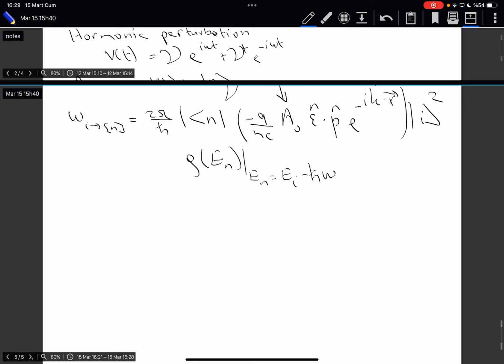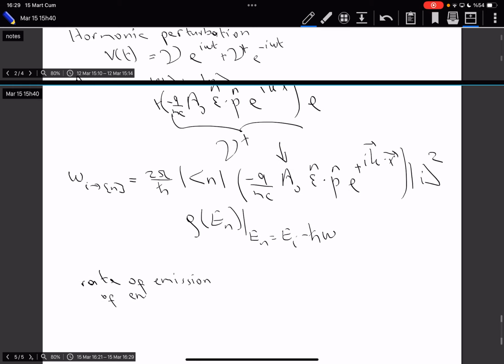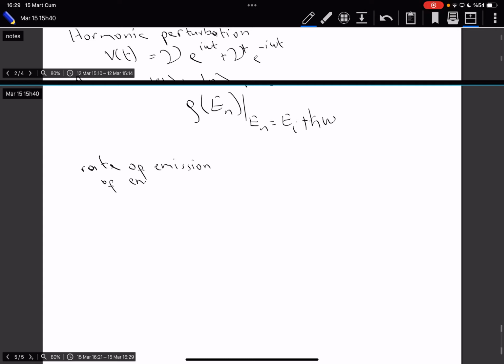So one thing you would like to know about this is the rate of emission of energy, or let me look at the absorption, which makes more sense. Rate of absorption of energy per flux of energy.